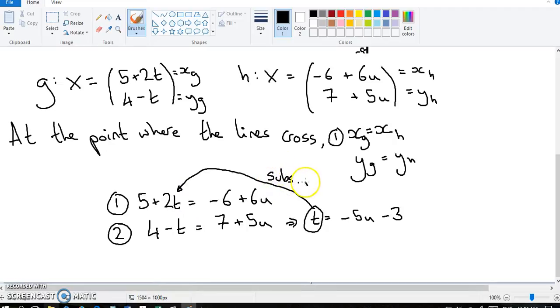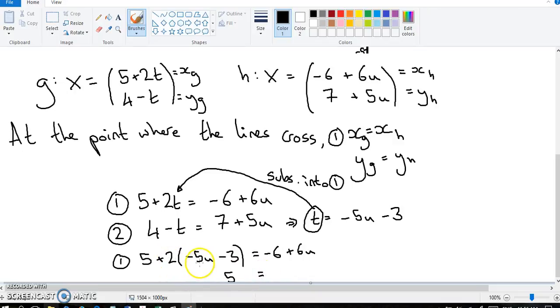So substitute into 1, and I get that 1 becomes 5 plus 2 times (-5u minus 3) equals minus 6 plus 6u, which gives me 5 minus 6, which is negative 1, plus 6 gives me 5, is equal to 2 times negative 5u is 10u, add this so I get 16u, so I get u is equal to 5 over 16, and then of course I get t is equal to minus 25 over 16 minus 3, which simplified gives me minus 73 over 16, just by putting this over the common denominator of 16.